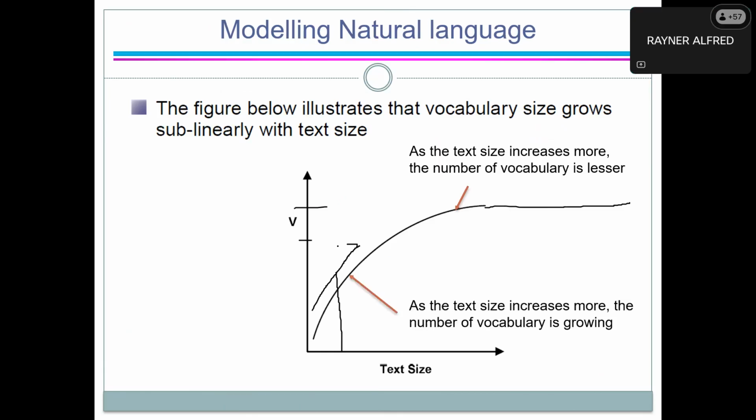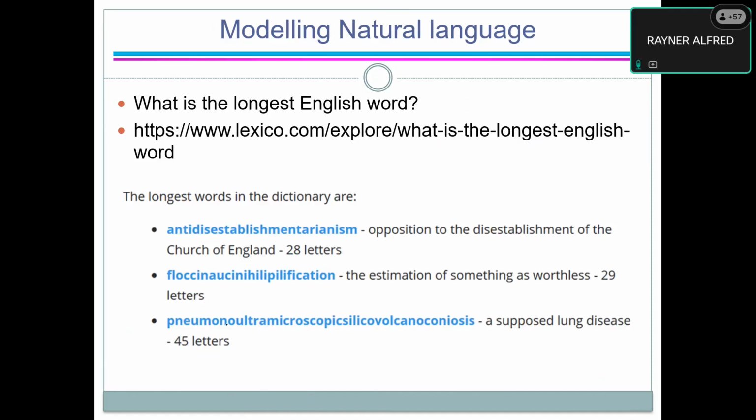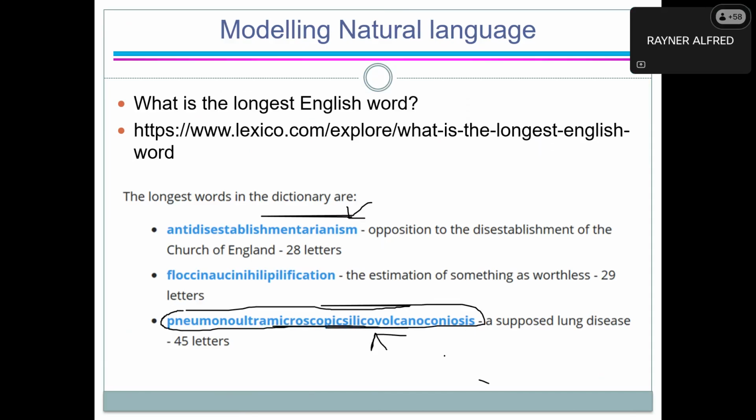For example, this term right here, we never heard about this, right? And this is the longest one. So as you can see, the bigger the text size, we somehow cannot regenerate a new term from this, because this is very specific. So that means for this we only have one vocabulary entry.